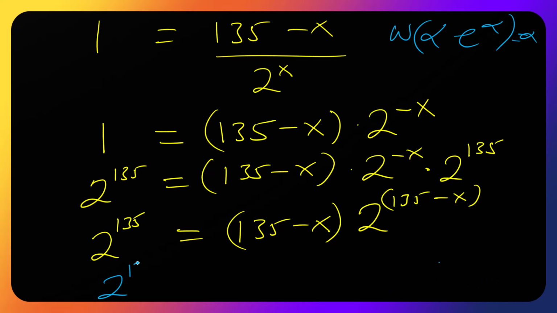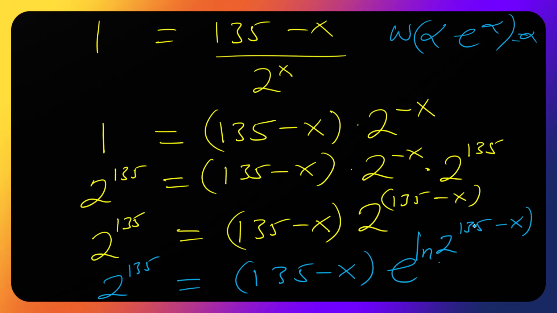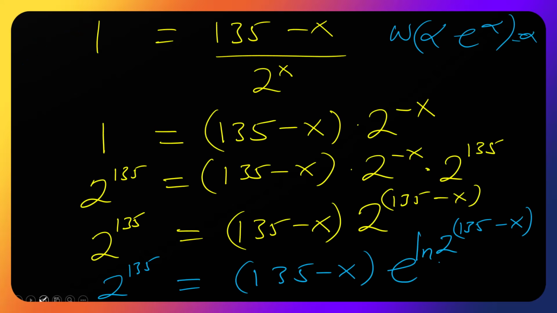So my next step will be: 2 to the power 135 equals 135 minus x. Instead of writing this, I'll make it e raised to ln of 2, exponent 135 minus x.